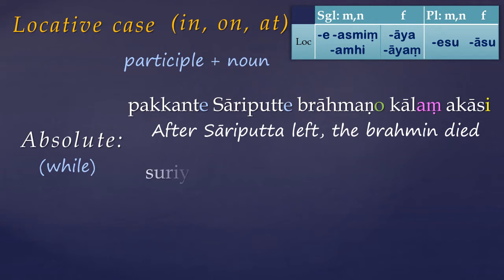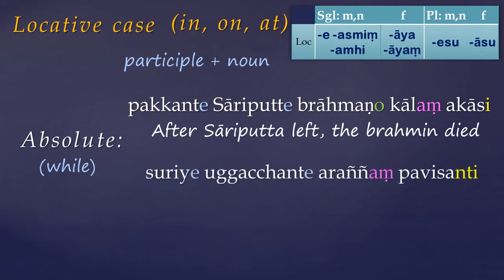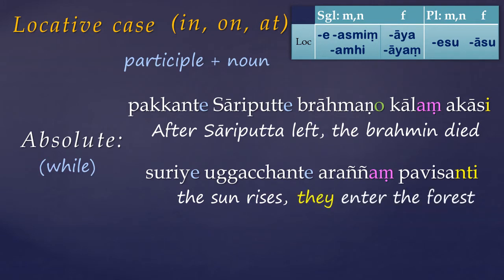So if we take another example, here uggacchante is a present participle agreeing with its subject, sūriye, in gender, case and number. The sun rises. While the main verb has an implied plural subject, they. So we get, as the sun rises, they enter the forest.